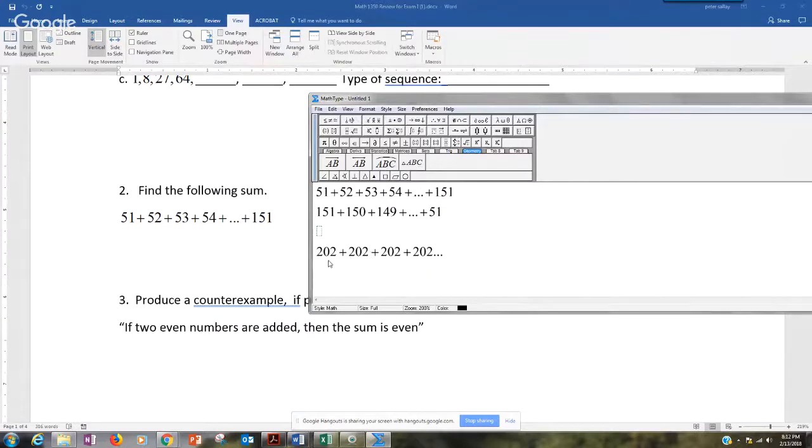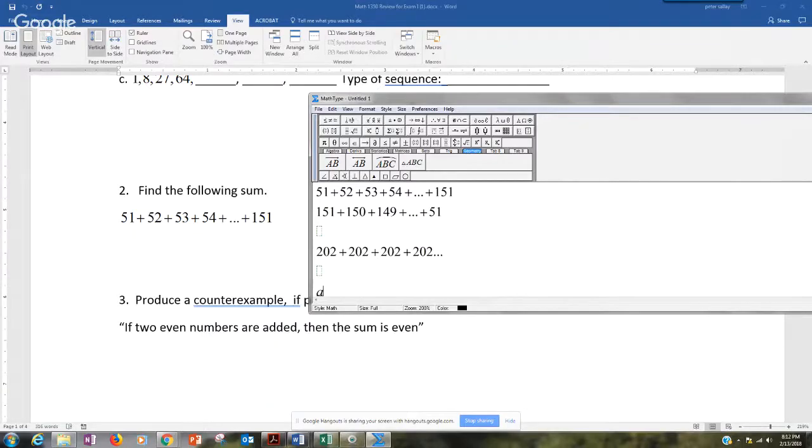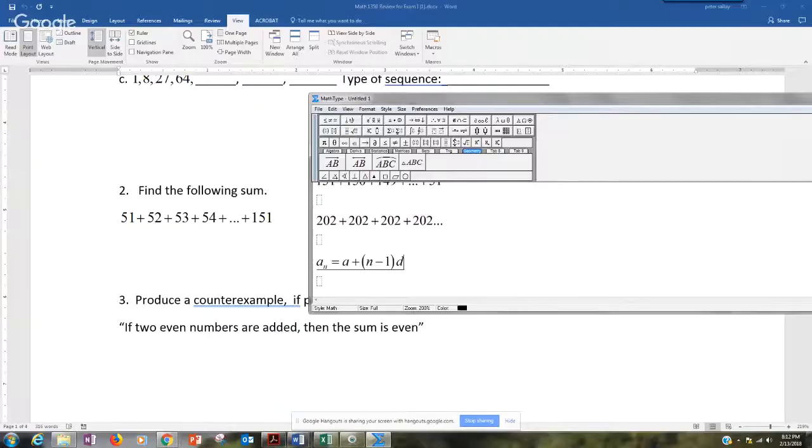Okay. So going back to this one. All right, so the question is, how many of these 202s do I have? Well, that's where that general formula comes in. That the nth term equals the first term plus n minus 1 times the common difference.